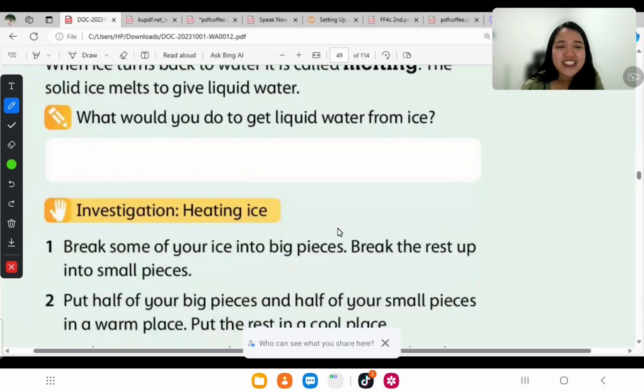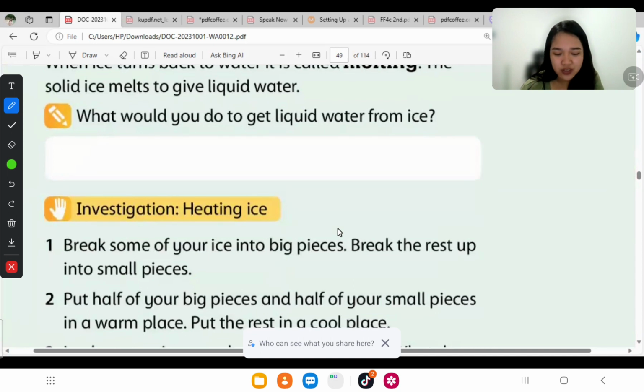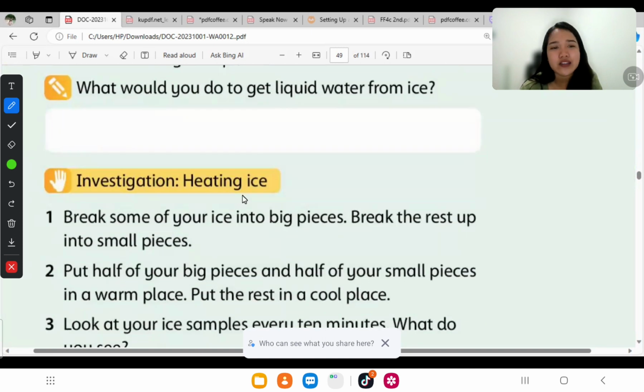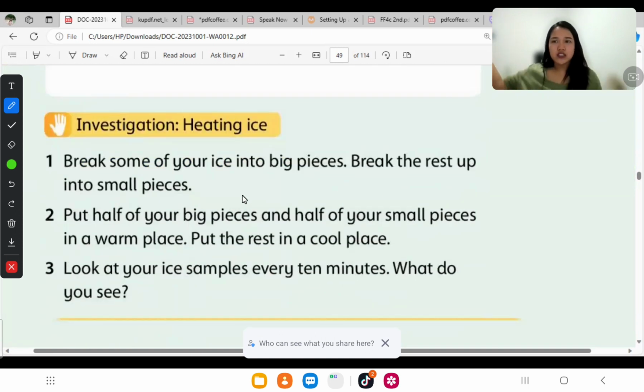So now let's learn about heating ice. Earlier we learned about cooling ice, and now we also have heating ice. In number one, let's read. Break some of your ice into big pieces. Break the rest up into small pieces.